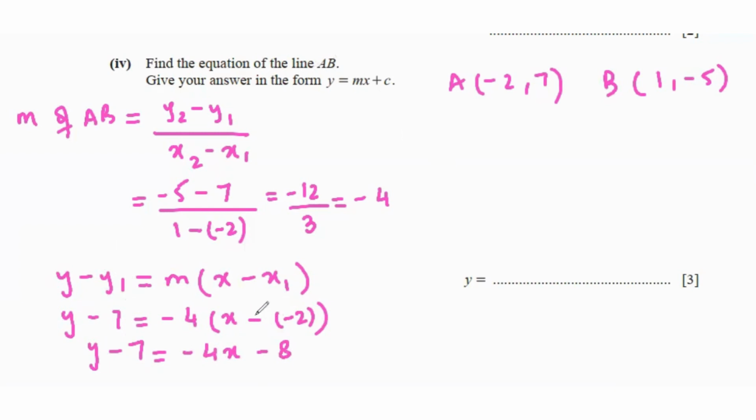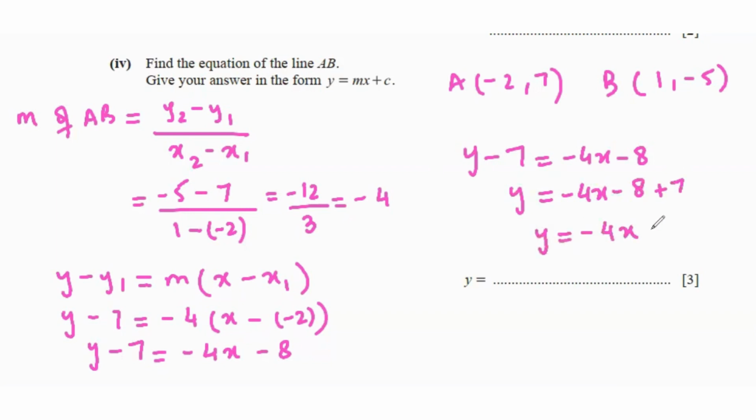Why? Because minus times negative 2 is positive 2, and then positive 2 times negative 4 is negative 8. So y minus 7 equals negative 4x minus 8. y would equal negative 4x minus 8 plus 7, which is negative 4x minus 1. That is your equation of line AB in the slope-intercept form.